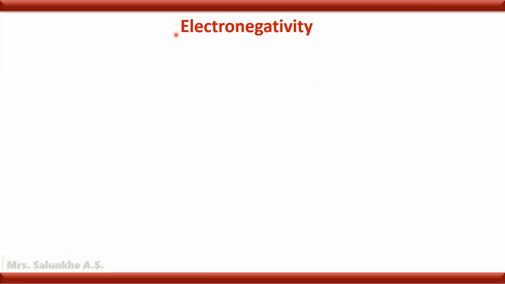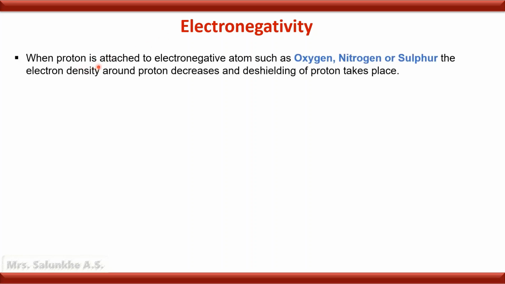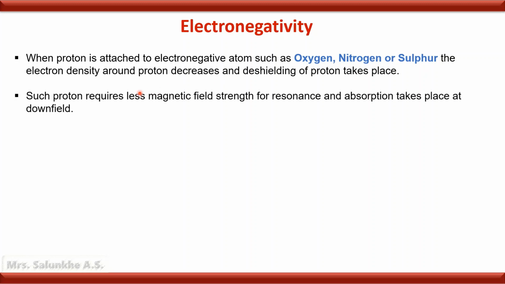The first factor is electronegativity. In that case, when a proton is attached to more electronegative atoms such as oxygen, nitrogen or sulfur, then the electron density around the proton decreases and de-shielding of the proton takes place. Such a proton requires less magnetic field strength to come under resonance, and the absorption takes place at downfield.